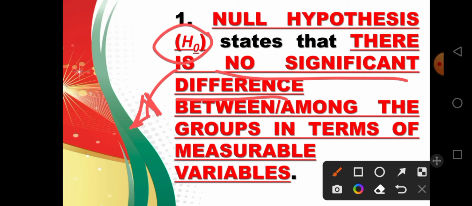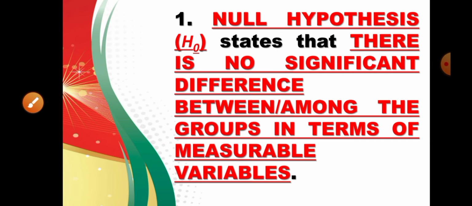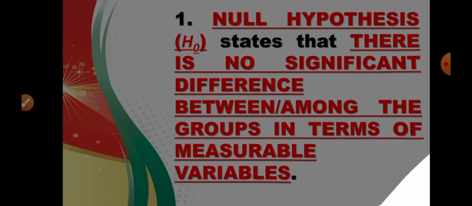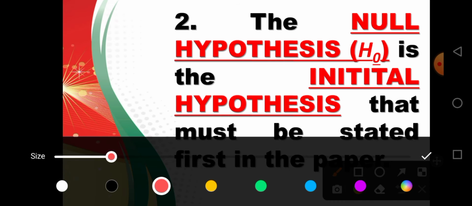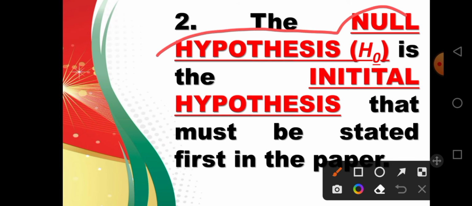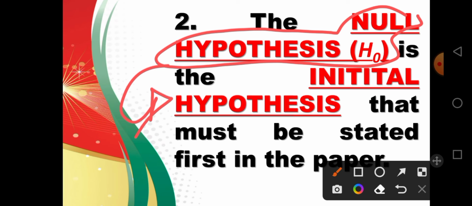It can have no effectiveness, or let's say less effectiveness. Therefore, class, stating that our product or our output has no effectiveness must be initially stated in our paper. Meaning to say, null hypothesis is a kind of hypothesis that states no significant difference must be the one that is stated in our paper.